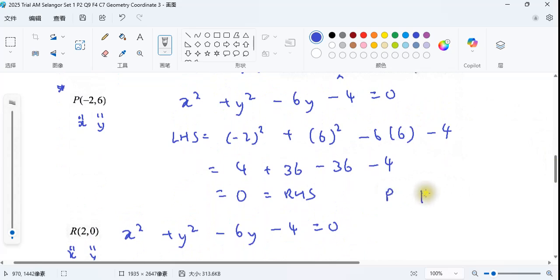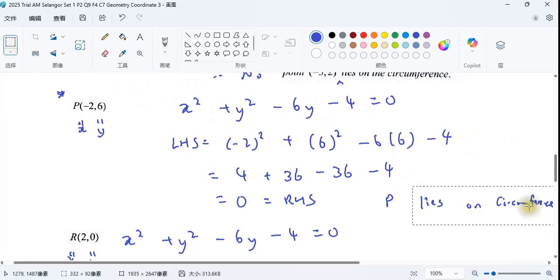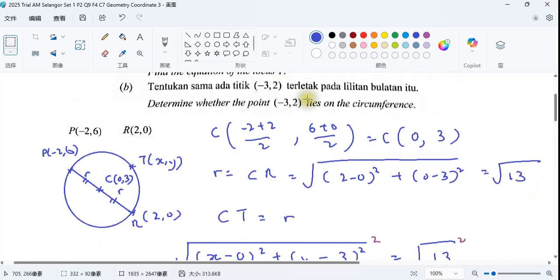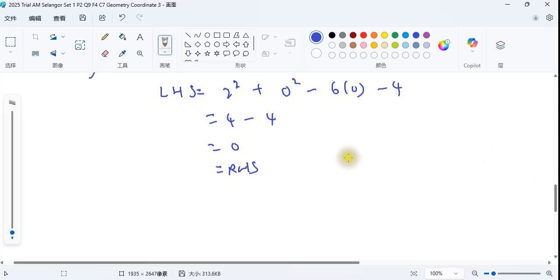So for just now this one, it does not lie on the circumference. P lies on the circumference, and then R also lies on the circumference.